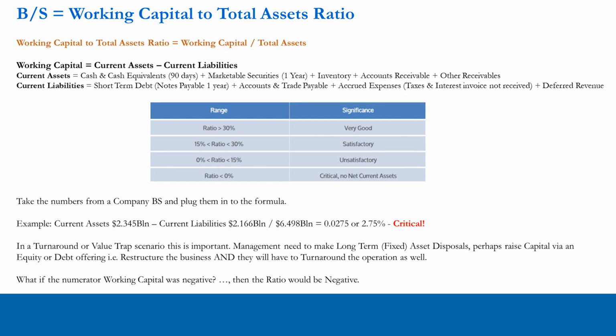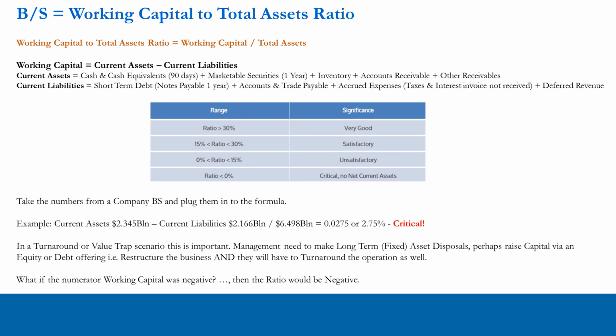In this example, 6.498 billion, we would get to a figure of 0.0275, which is 2.75%. From an accounting perspective, this would be seen as a critical position for a company.